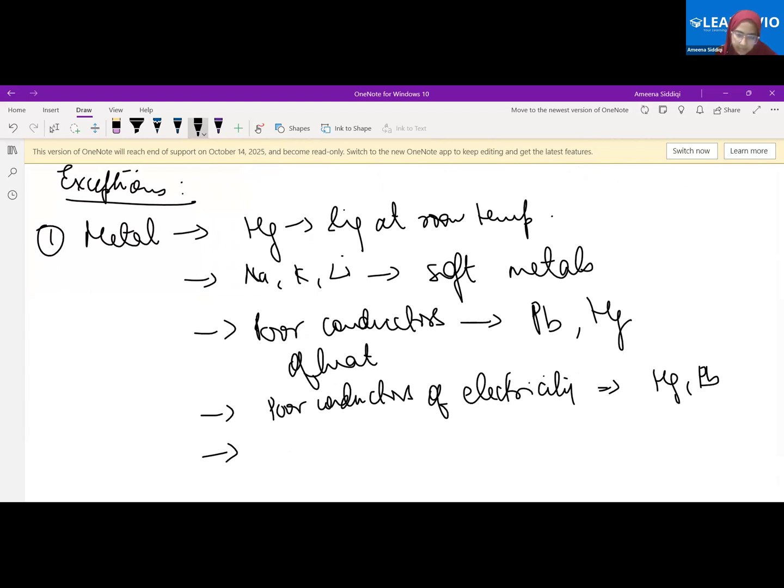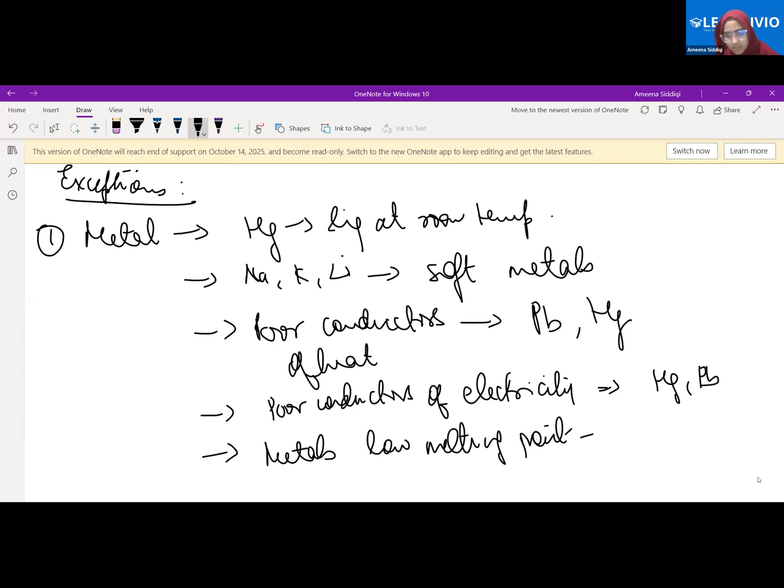What else can we have here? Metals which are not malleable, that is zinc and all these. I don't think that is needed. Metals with low melting points. Metals generally have a high melting point, right?